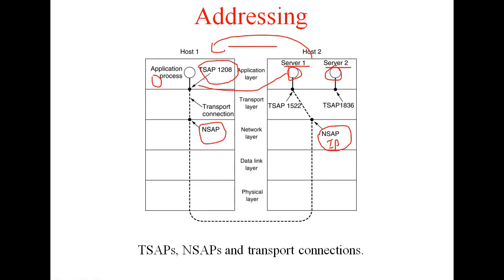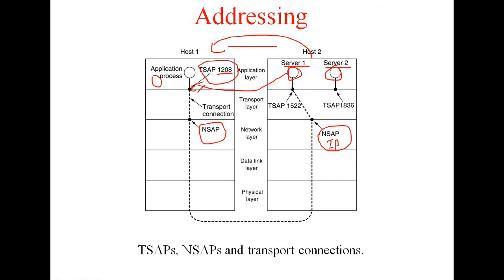Whenever this host has to establish a connection, it has to attach itself to the TSAP. To elaborate, this TSAP is nothing but the transport service access point, or we can say an endpoint in the transport layer. This process will attach itself to the transport layer with some number, say 1208 or 1209, and so on.